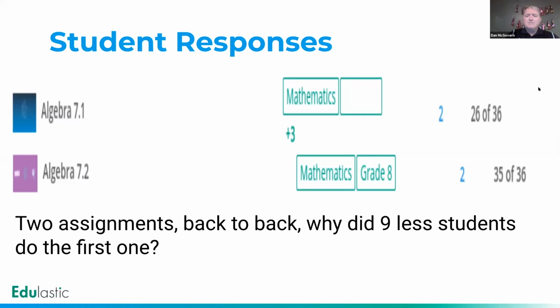And what I found was my first lesson was a little bit outside of their zone of proximal development. So right away with Edulastic, I found that it was really starting to tell me where I needed to go and what I needed to do with my future lessons and presentations.